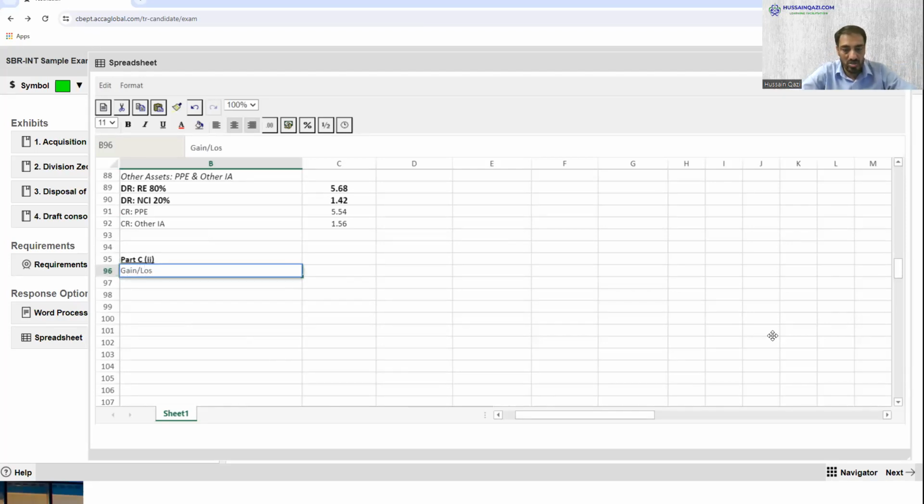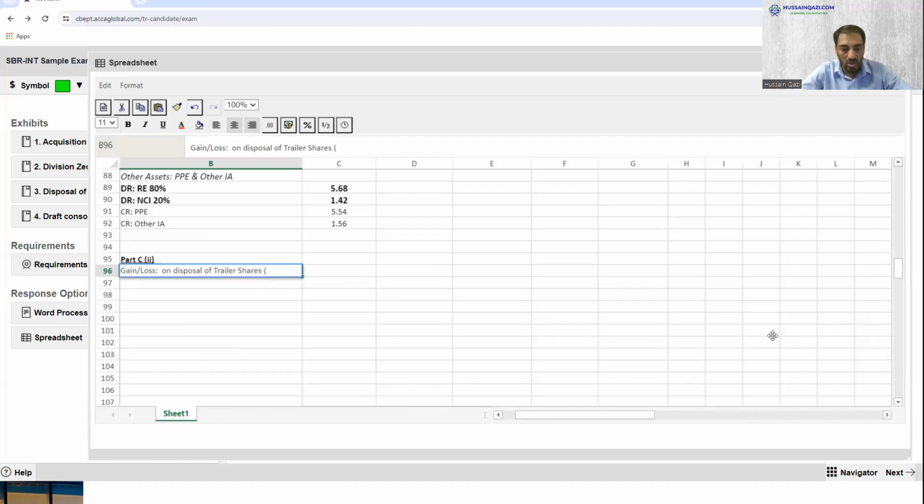Part C2: gain or loss on disposal of Trailer shares.